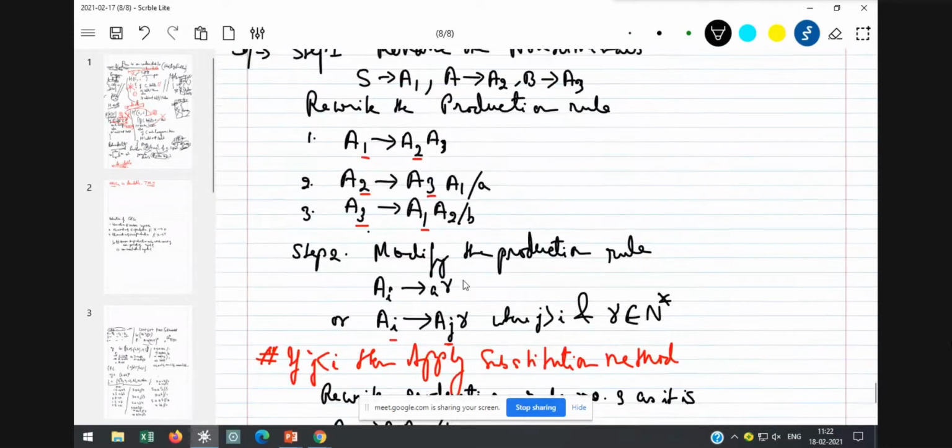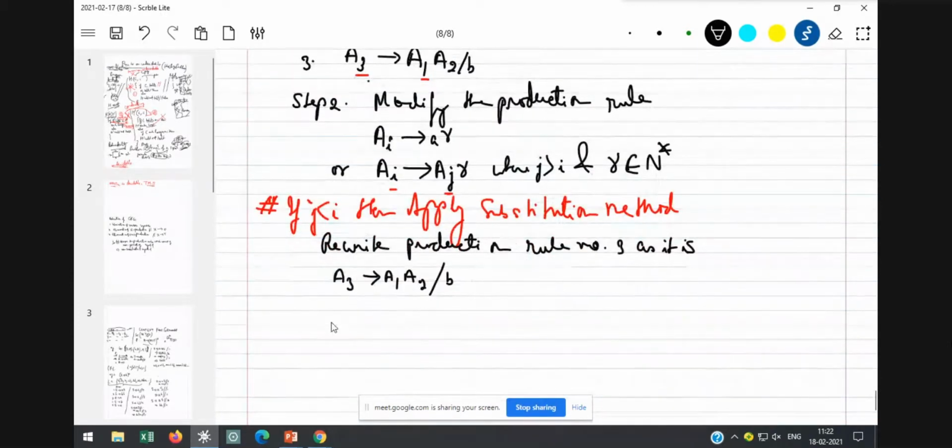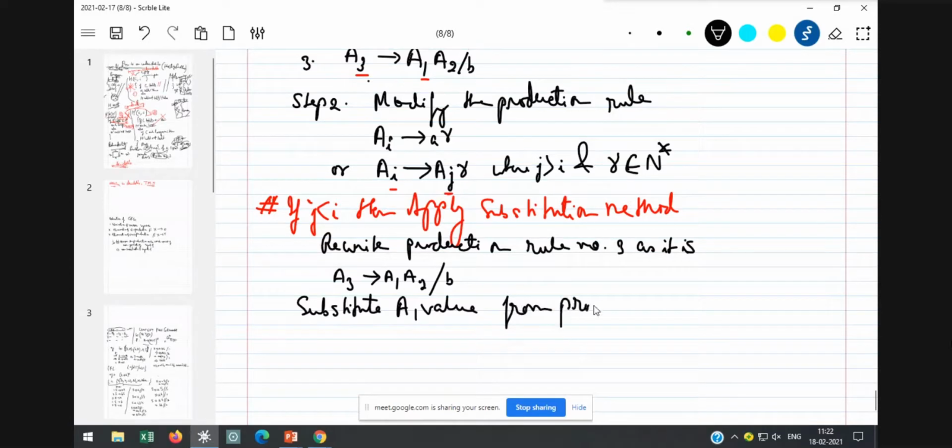Now I'm going to apply A1 value from production rule number 1. Now let me substitute A1 value from production rule number 1.